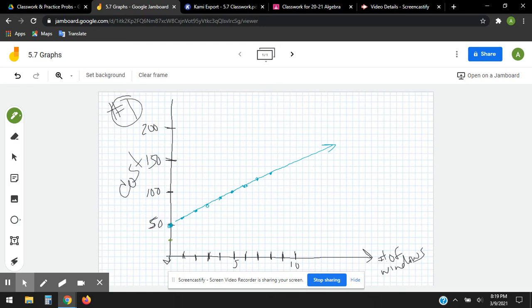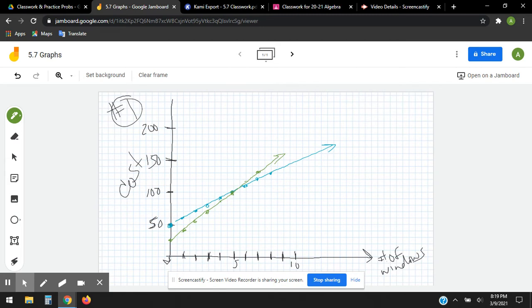So another 15 would be half boxes, another 1.5 each time. 5 windows was $100. I go up 1.5 a little bit more, and 1.5 puts me a whole box above. Boom, right there.